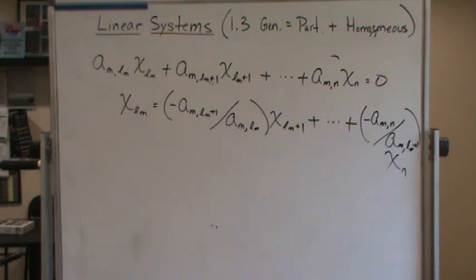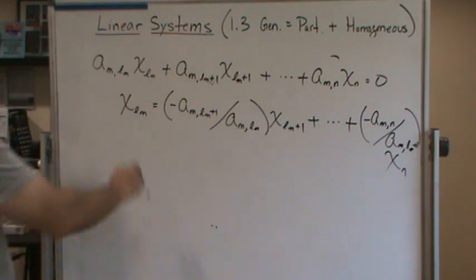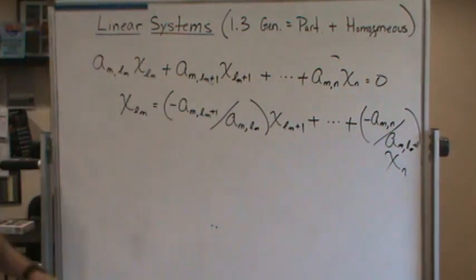Now, it says here, there is a tricky technical point here. It says if the bottom equation here has no variables to the right of the leading variable, then that would mean that x sub L sub m is equal to 0, right?